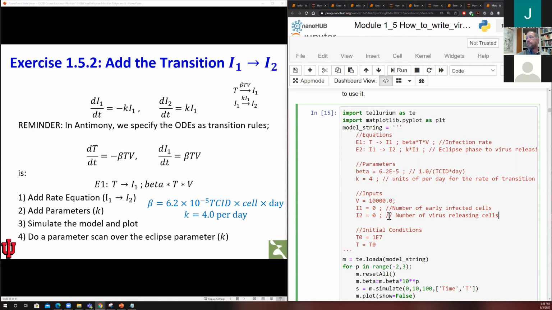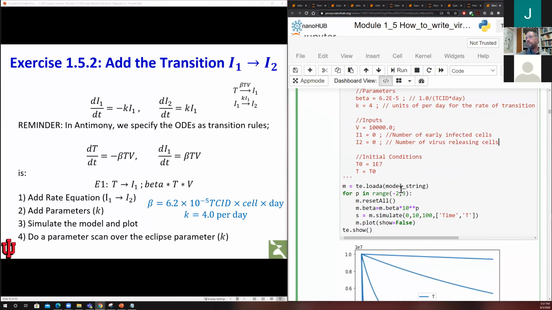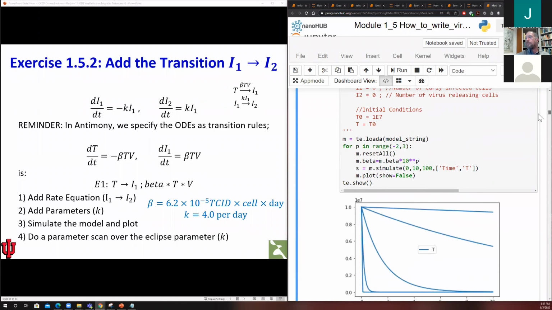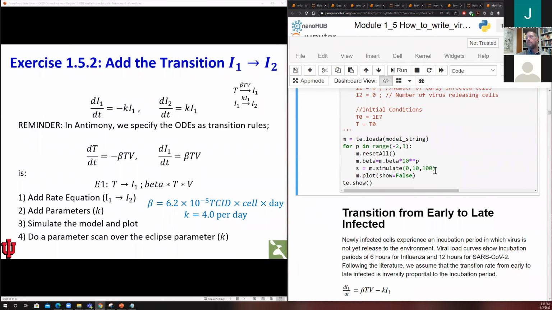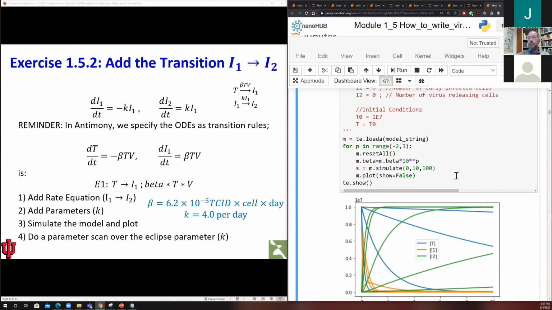Okay. Try that. Doesn't do anything for T. Let's look at all of my things together. Pretty hard to see, so let me not do my parameter scan to begin with.